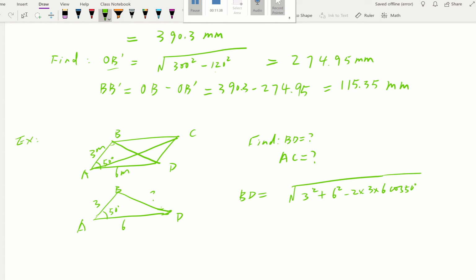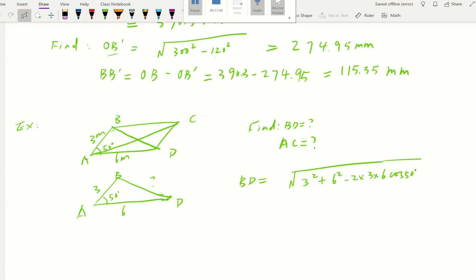All right. Now how about AC? Then I'm going to take out the top triangle ABC. AB is 3 meter. And how about BC? In a parallelogram, AD is going to be the same as BC, so that's going to be 6 meter. And how about this angle B here?